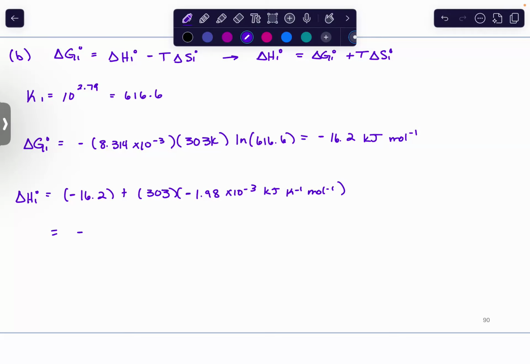Your delta H will come out to be negative 16.8 kilojoules per mole.